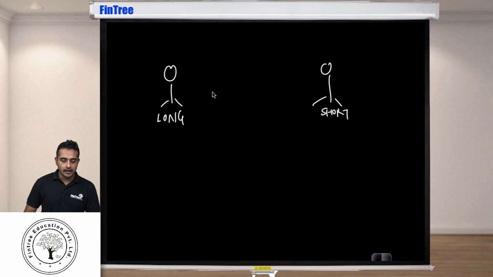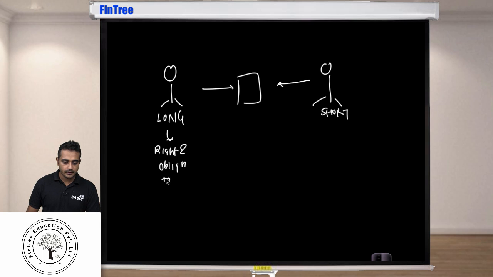Number one, what is a forward contract? There are two parties. The first party is called long. The other party is called short. They enter into an agreement with each other. The party which is long will have right and obligation to buy, and the party which is short will have right and obligation to sell.